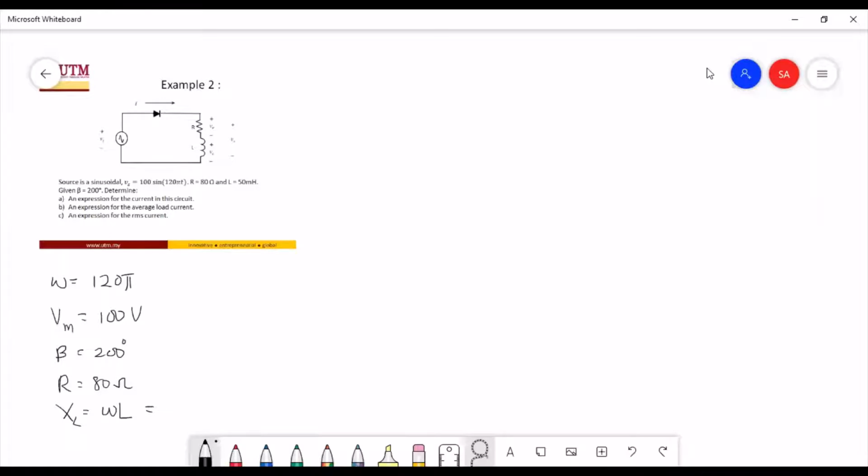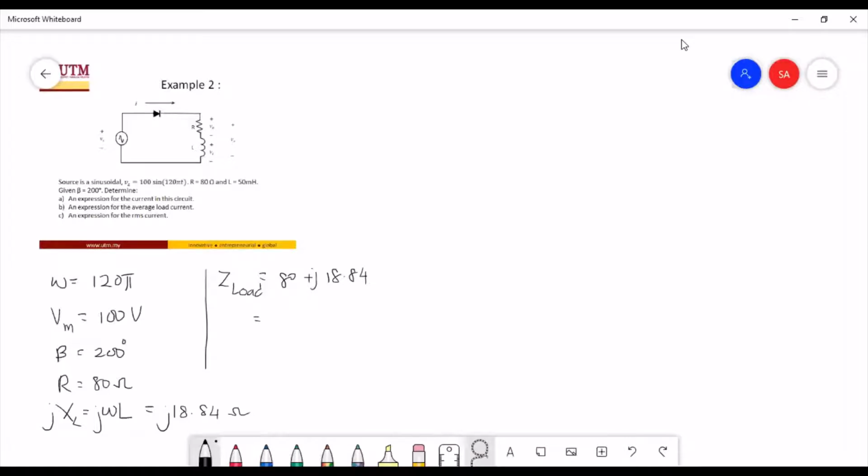So from the calculator, omega L is 18.84 ohm. Please note this is actually j, an imaginary part. From here we can compute the load impedance Z, which is 80 plus j18.84.